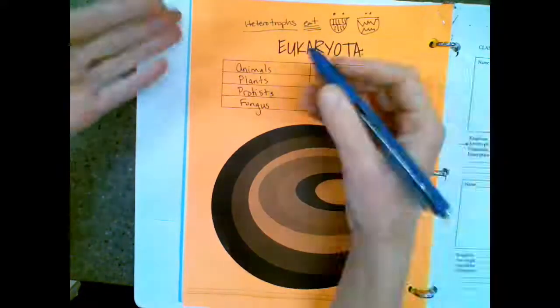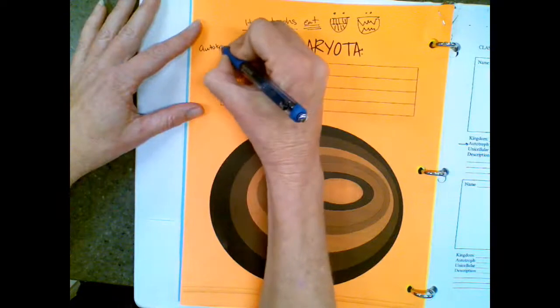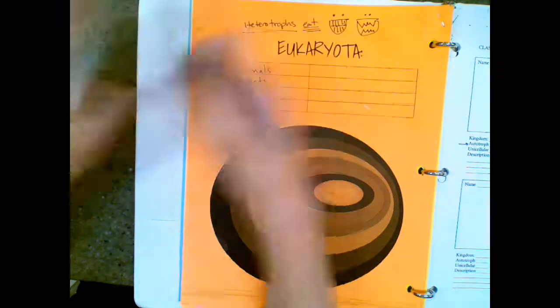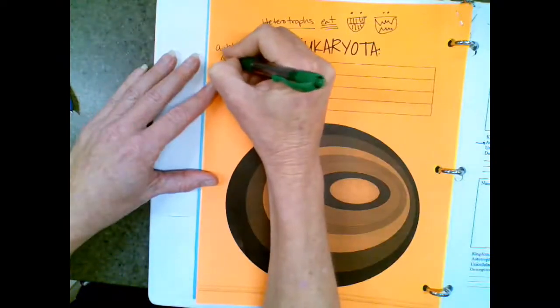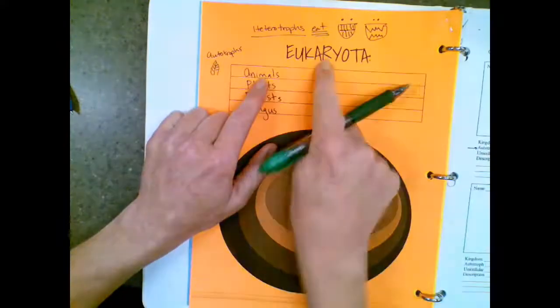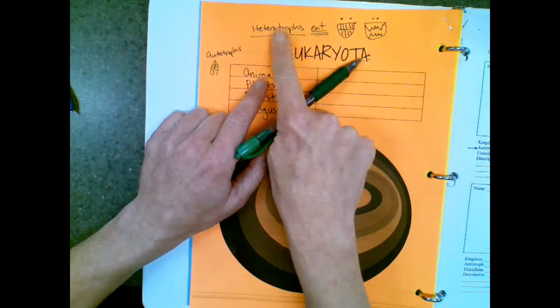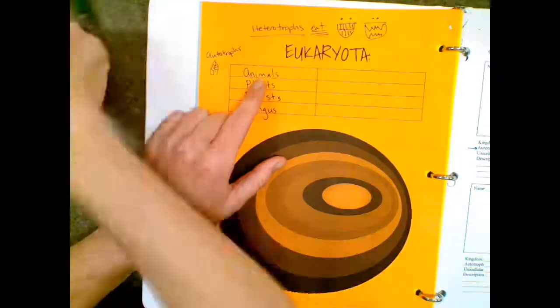Okay, heterotrophs. And then the other one is autotroph. And autotrophs make their own food. They do photosynthesis. So in the animal kingdom, in the domain eukaryotes, they are all heterotrophs. You have to be a heterotroph to be an animal.